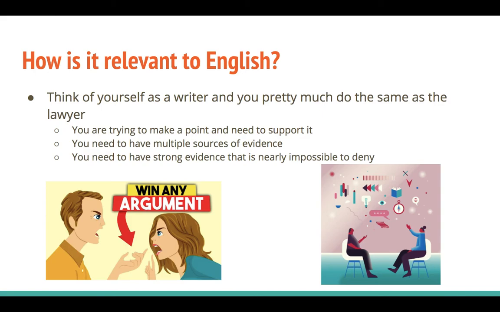So when you write, you need to make sure that you have a very strong piece of evidence that the other side will have a very difficult time to deny. Okay, so that's it. That was my attempt at explaining what is evidence in the context of a crime scene, how it relates to English, and now you will have a chance to practice this a little more with other ideas.